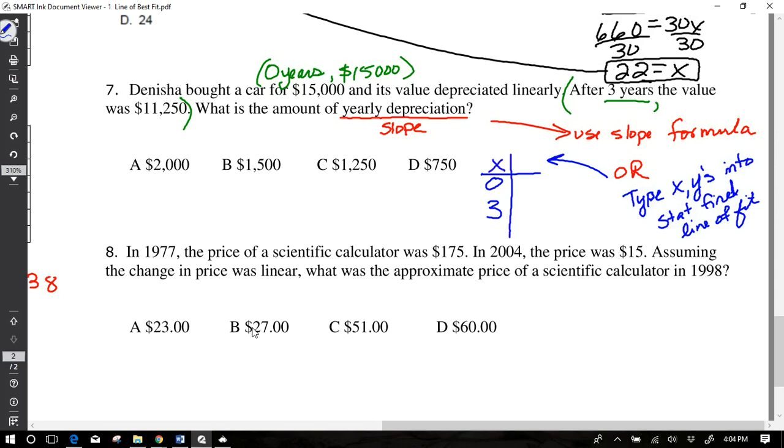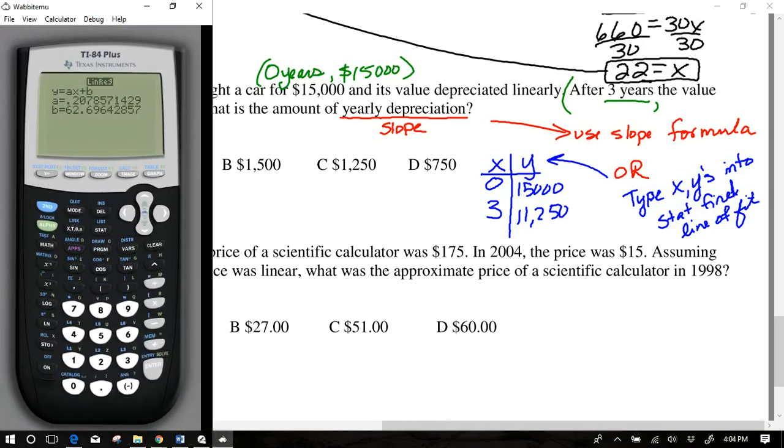My X values were 0 and 3, and my Y values are 15,000 and 11,250. Okay, so in my calculator, I'm going to clear my memory. Second plus 712. I'm going to go to Stat, Edit, 0, Enter, 3, Enter.